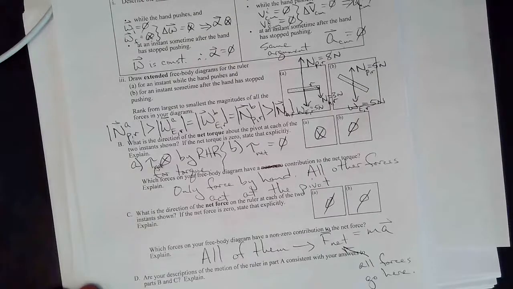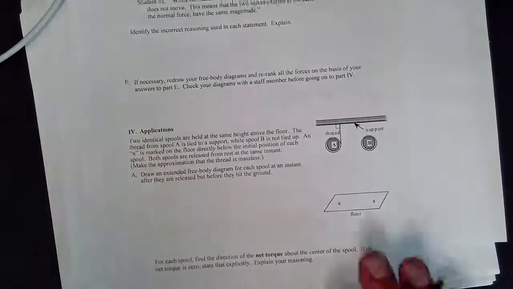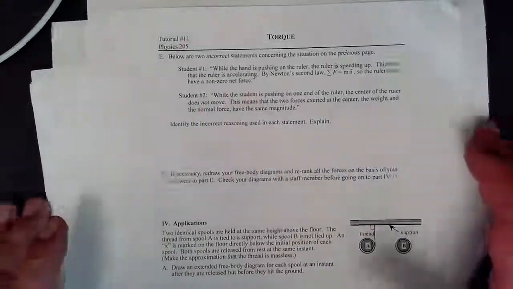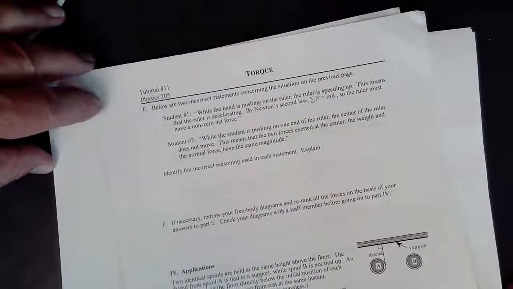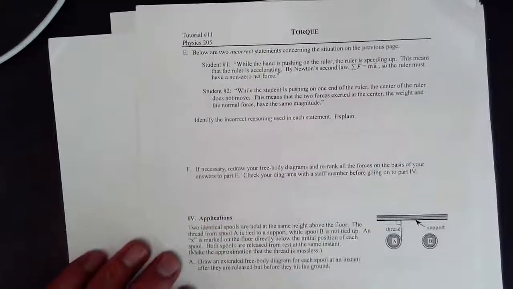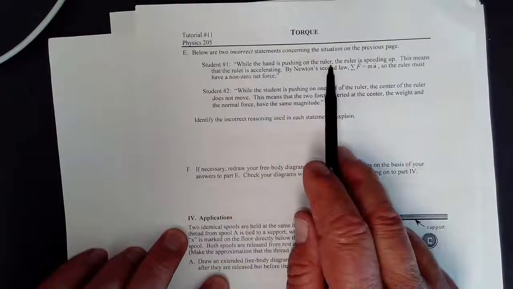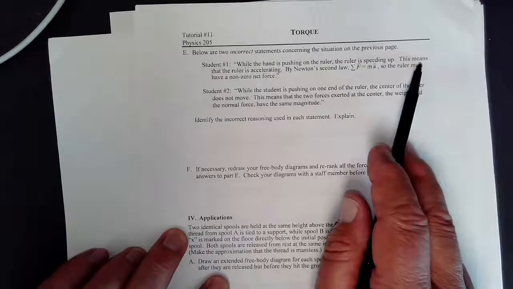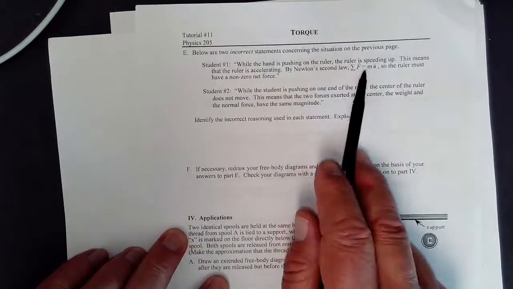Okay, now let's go on. We have two students, student 1 and student 2, and what we're going to find is that it's really student 1A and student 1B. They're both student 1. And student 1 says, while the hand is pushing, the ruler is speeding up. This means that the ruler is accelerating. By Newton's second law, F net equals ma, the ruler must have a non-zero net force.